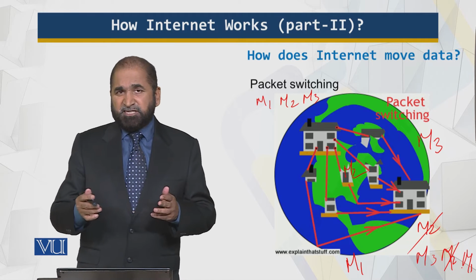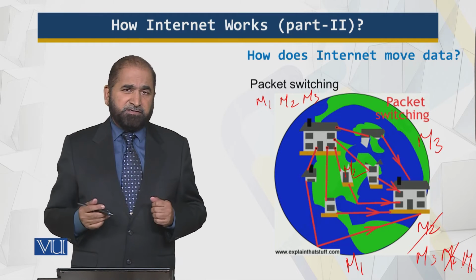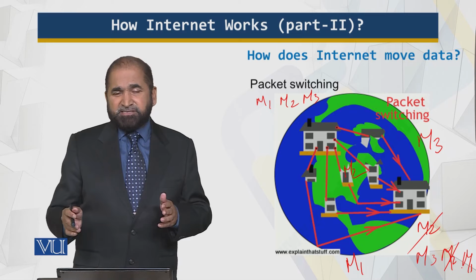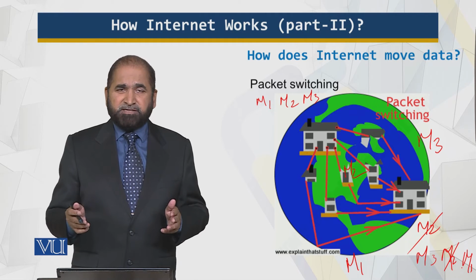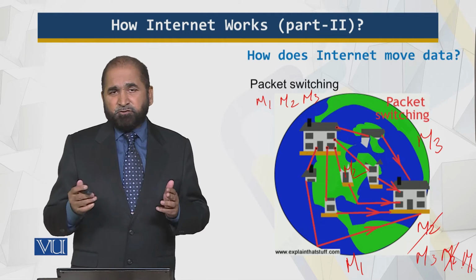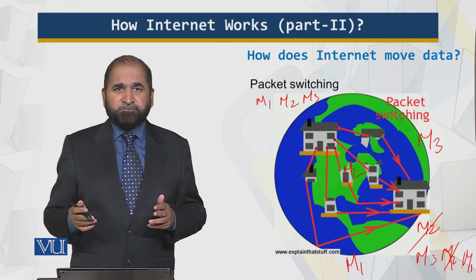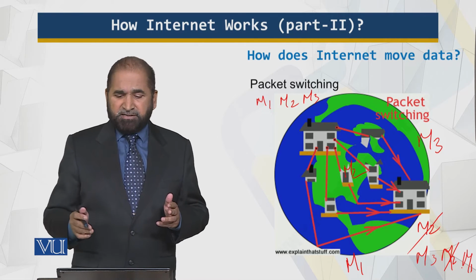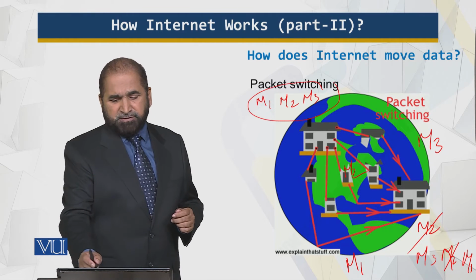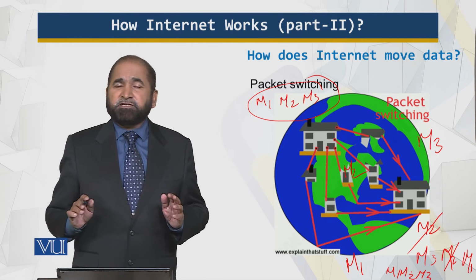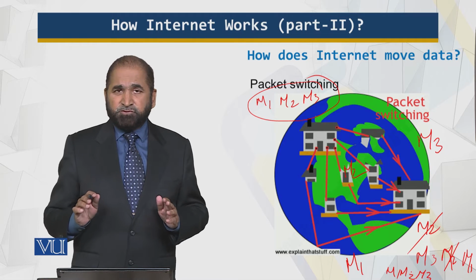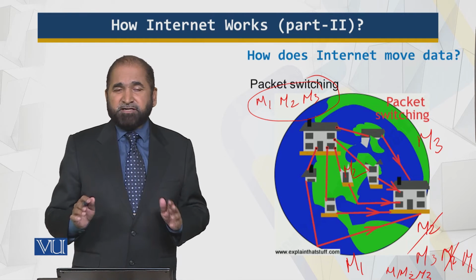And the transmission control protocol, which I'll be discussing very shortly, takes care of ordering those packets, assembling those packets, and making the request to resend those packets. So ultimately this message which was sent is received over here intact, perfectly, without any issues. So that is packet switching.